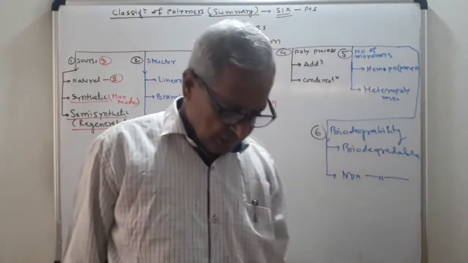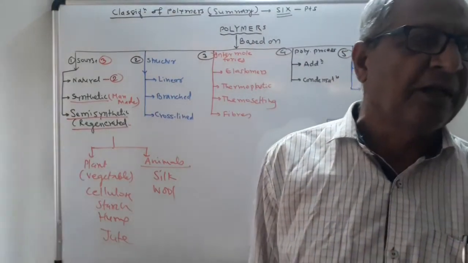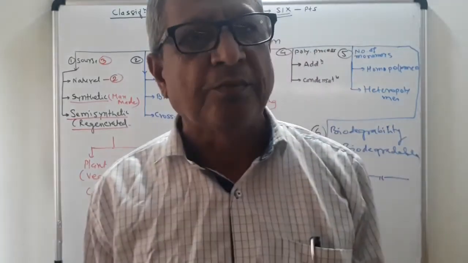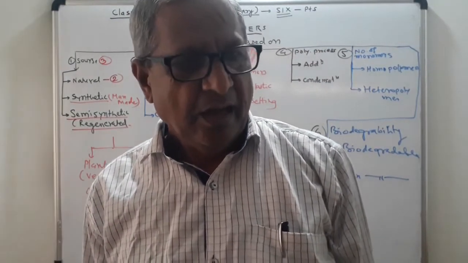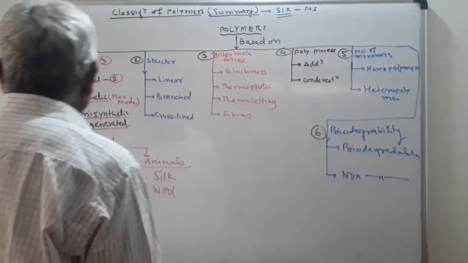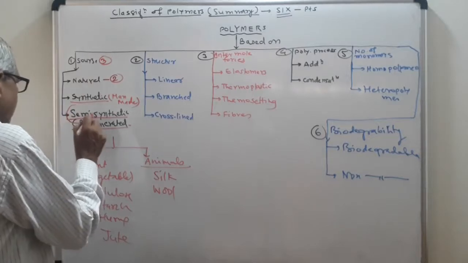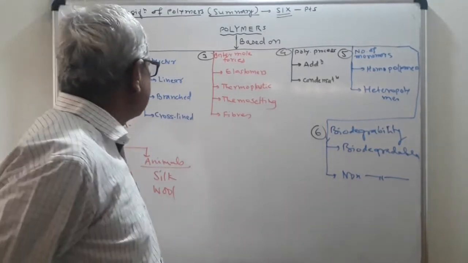In this case, some chemical process or reaction is performed on the natural polymers so that properties such as tensile strength and appearance are developed. The term semi indicates partial or one half. Therefore these are semi-synthetic polymers.